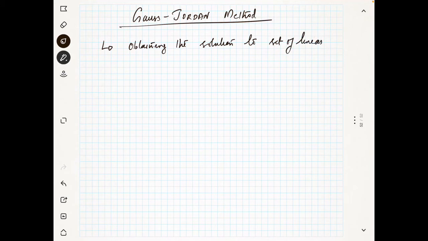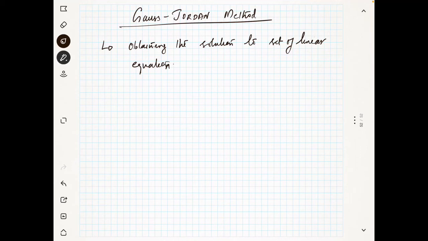Okay, linear equations. So all this can be programmed in MATLAB. Inshallah, we will see that later. So all this can be programmed. Now obtaining the solution to a set of linear equations, okay, that is the idea of using the Gauss-Jordan method.